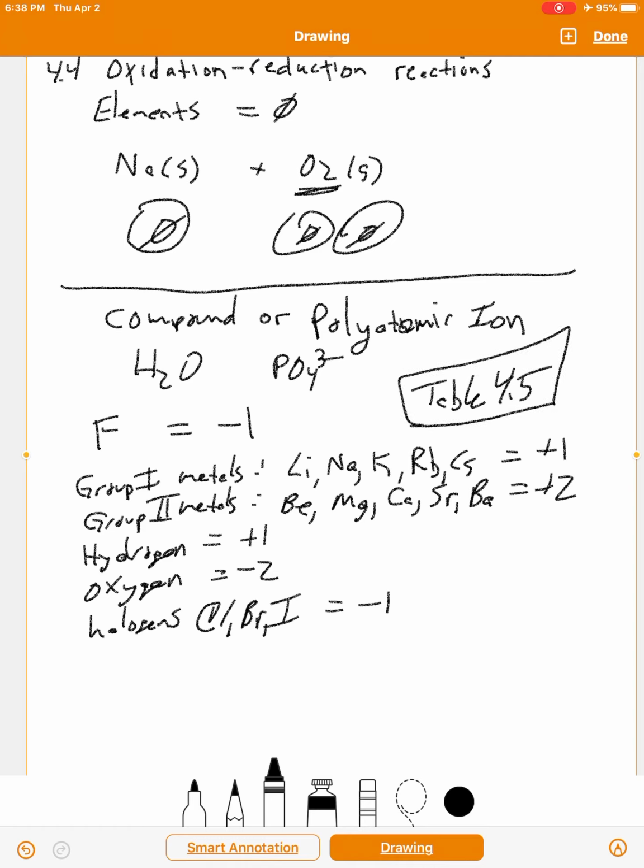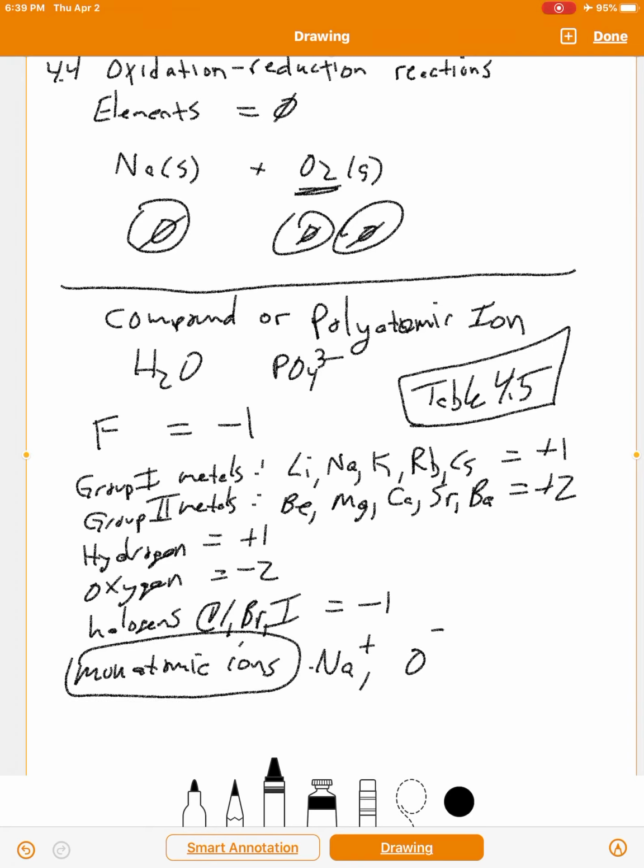Now there's one more class of substances that we should be aware of, and that's the monatomic ions. That would be one atom that has a charge. For monatomic ions, the charge of the ion is equal to the oxidation number. So if you have a sodium ion, that charge is +1, that means the oxidation number is +1.